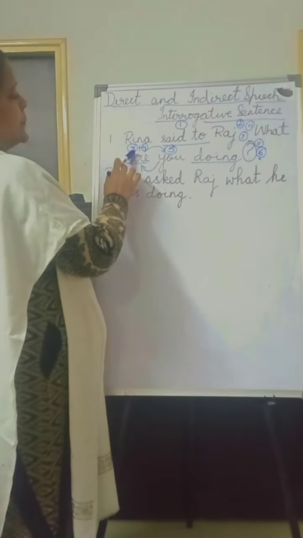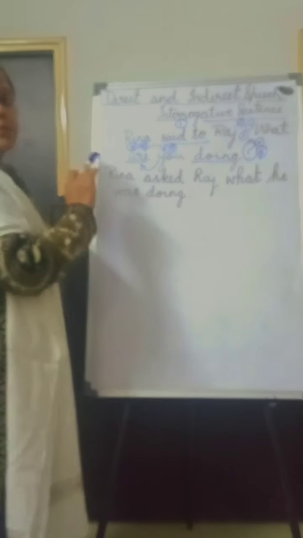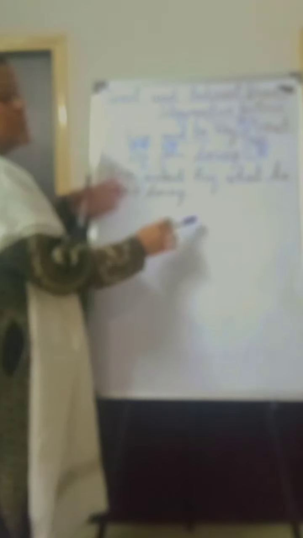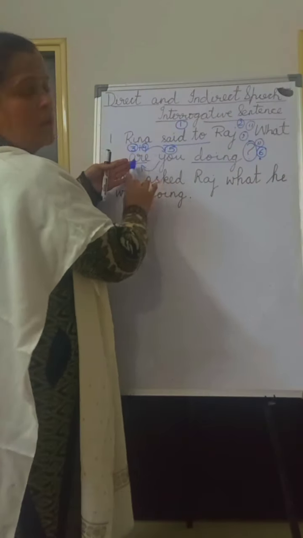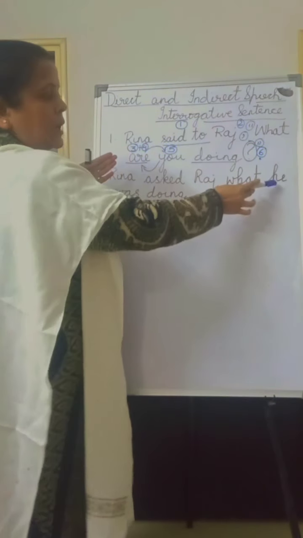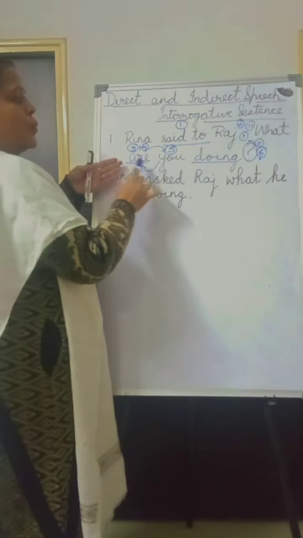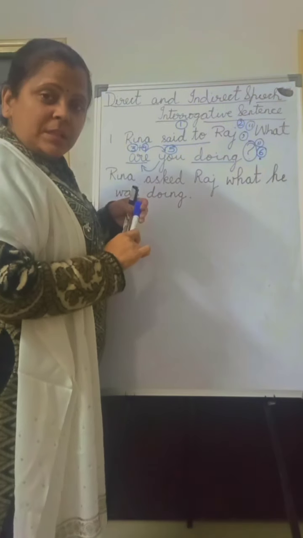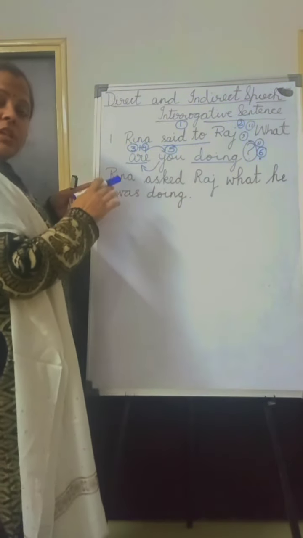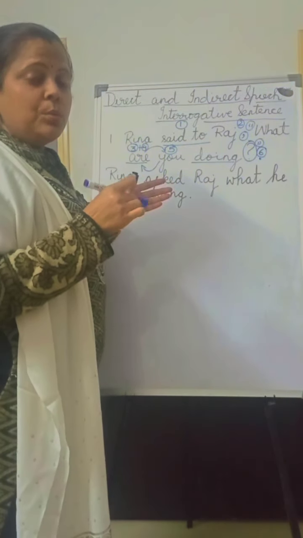Now, after that, what is the third step? Third step is always with fourth and fifth step. So here we have to do 3 steps together. What are they? First, we have to change this interrogative sentence into a simple sentence. How will we do that? By changing the position. Pronoun or noun will come first and auxiliary verb will go after that. Alright. So we have to change the position, and then in direct speech, when we are changing the sentence from direct to indirect, we change the pronoun according to the third person.